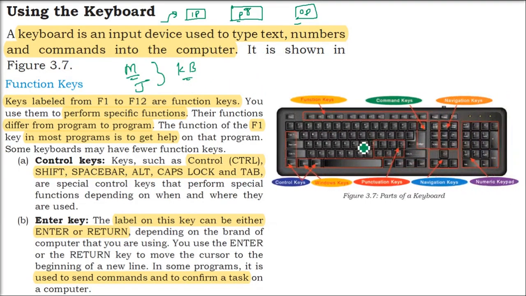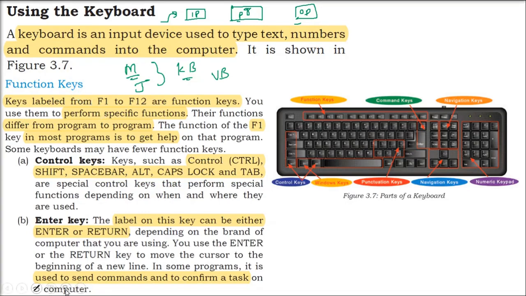There are different types of keyboards, QWERTY keyboard, ASDF keyboard. This keyboard may not be your keyboard; yours might be different. You also have a virtual keyboard now, where you can enter through your finger. So you can type text, numbers and commands into the computer. Basically you are inputting things.